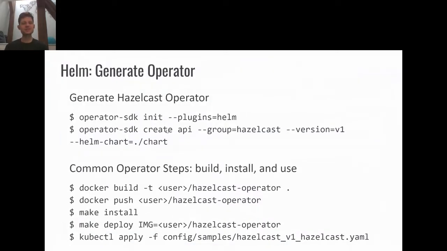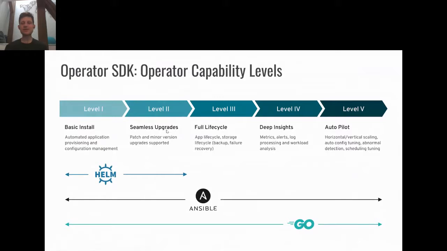Now, Helm chart is somehow limited, and if you look on the internet, you may see something called operator capability levels, which basically means that you cannot do everything with the Helm chart, which makes sense because, just using common sense, Helm chart is just a template, so you cannot do any custom complex operations because you cannot write logic like you could do in a general purpose programming language.